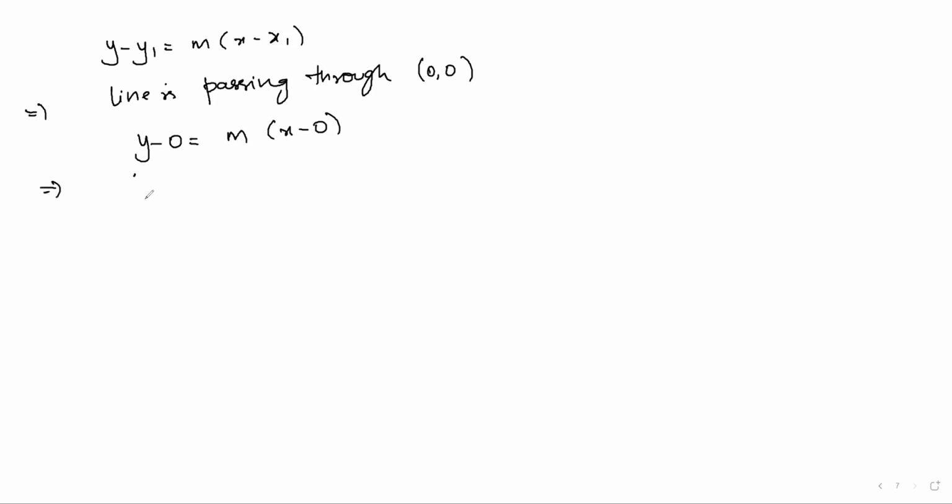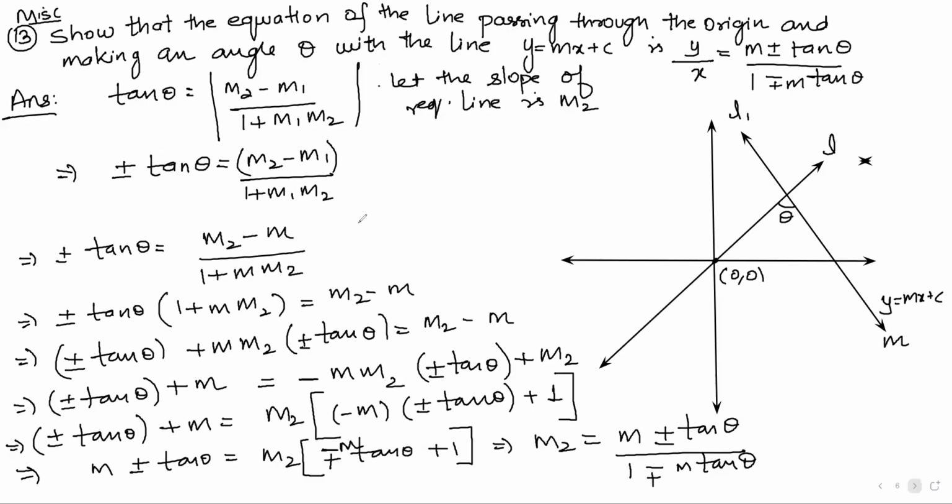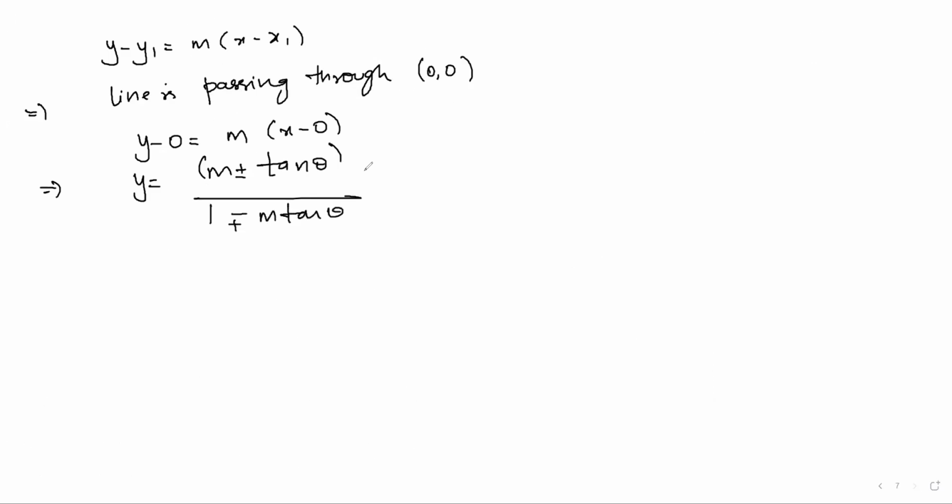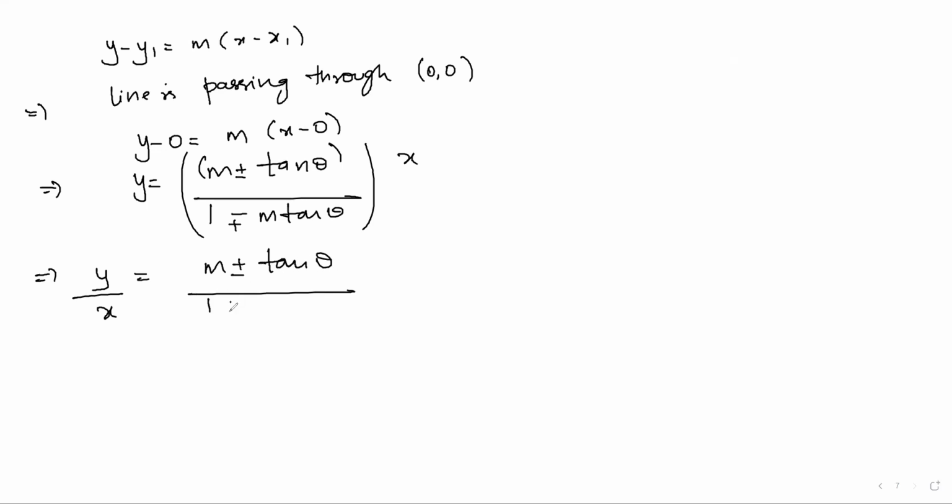This is equal to y is equal to, what is m? m is this one, (m plus minus tan theta) by (1 minus plus m tan theta) into x. Now we can shift this x to the left side. We will get y by x is equal to (m plus minus tan theta) by (1 minus plus m tan theta). Okay, Noma?